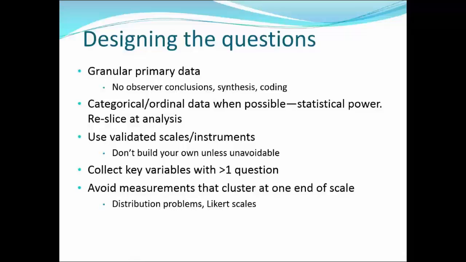If at all possible, use validated measures or validated scales or instruments, because validating a scale or an instrument is in itself research, and it's fairly time consuming. You want to collect key variables more than one way if possible. And you want to avoid measurements that are going to be all at one end of the scale, because then it's really hard to discern differences.